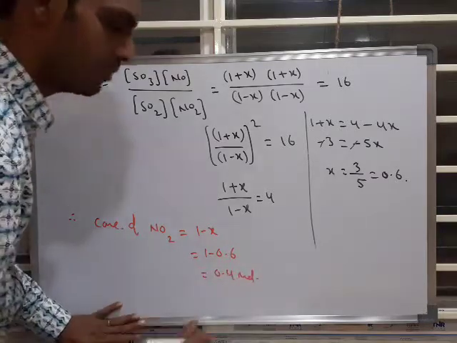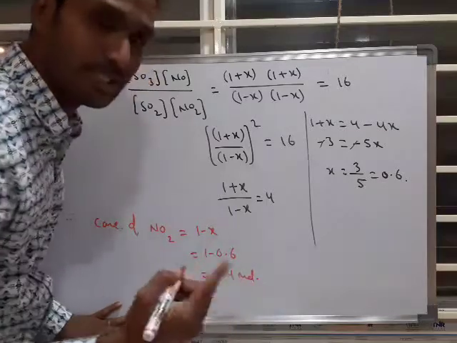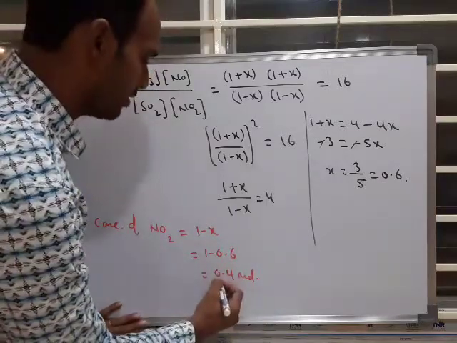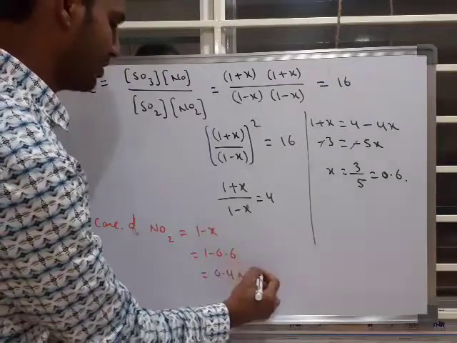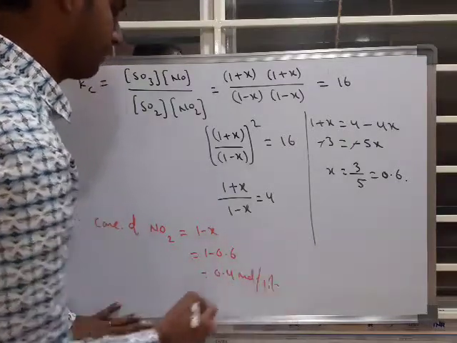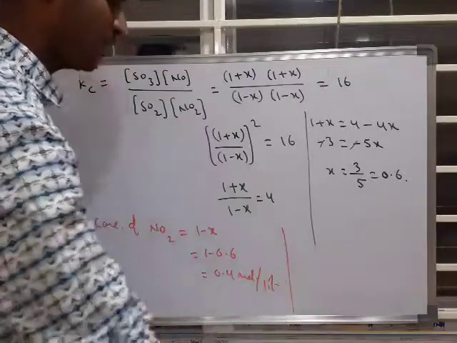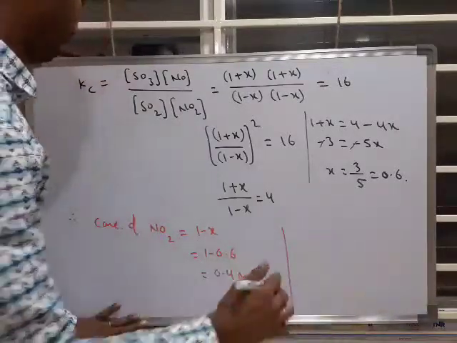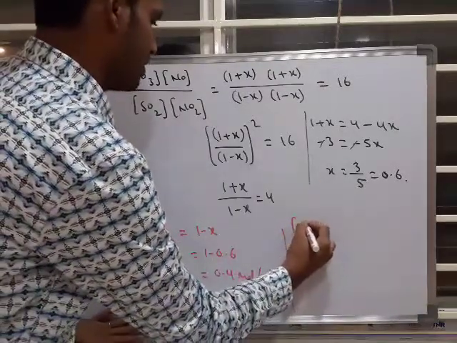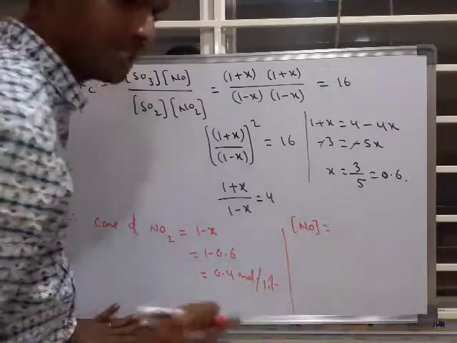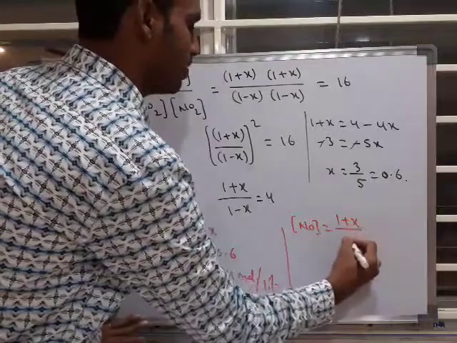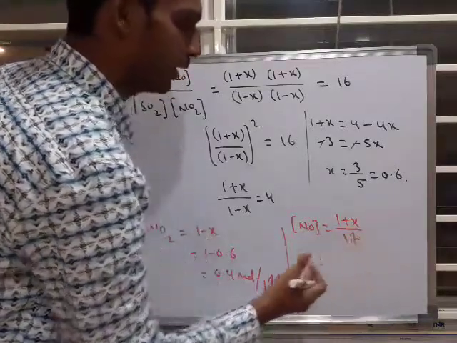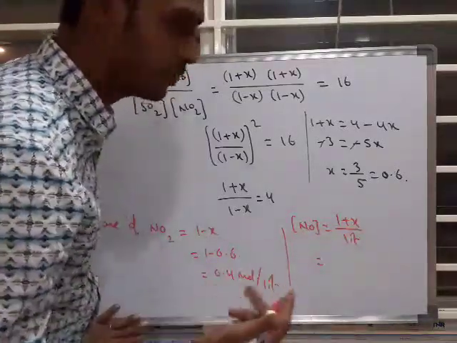Concentration should be in moles per liter. Since it is already in 1 liter, we just take 1 liter. So concentration equals moles per liter. Okay. In the same way, what is the concentration of NO? Here it was the product, so 1 plus x moles per liter. Since it is 1 liter, 1 liter. If 2 liters were given, we would divide by 2.